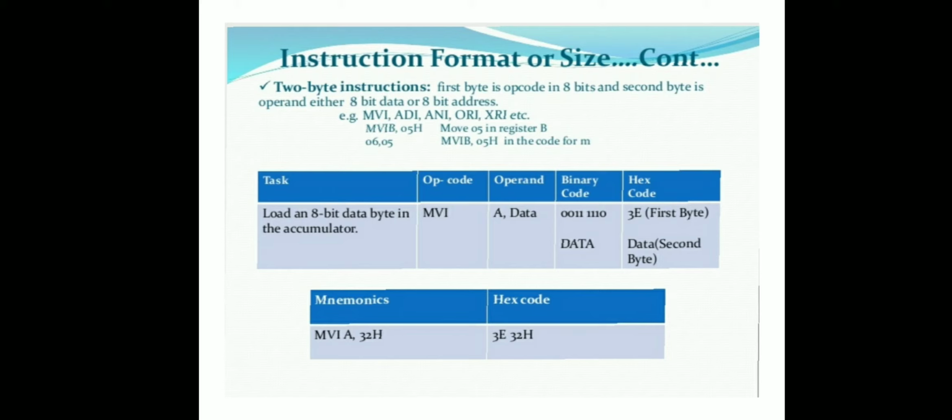After execution of this instruction, the data 05 is moved to the register B. Here the first byte shows the opcode for MVI, and the second byte is the data.